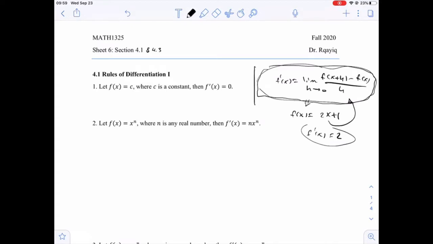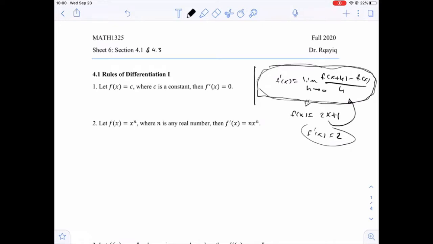You need to do many steps, many simplifications from algebra, in order to find the derivative, and in most cases that takes a long time, so we need an easier and sometimes more straightforward method to find the derivative.